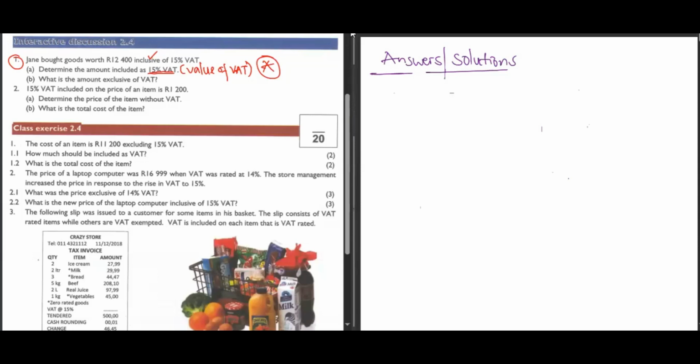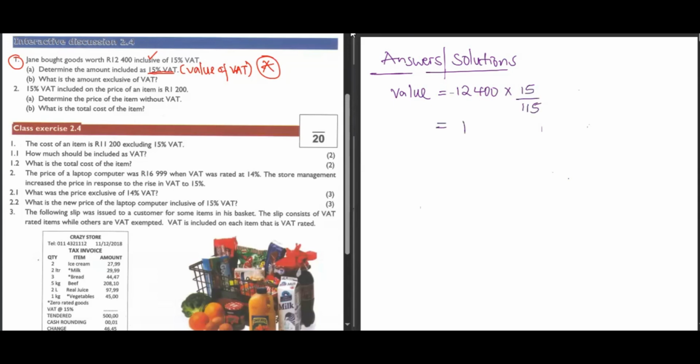All right, the other method that we know, or we are used to, we shall say, we are looking for the value of VAT, yet the price already has VAT. So we shall say 12,400 multiplied by 15 over 115. Straightforward answer.